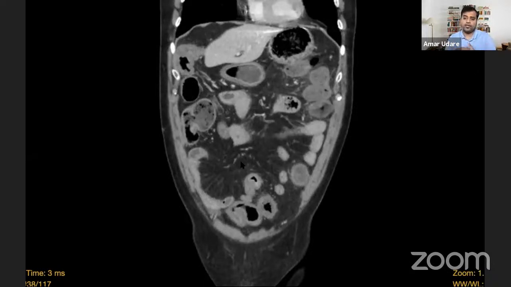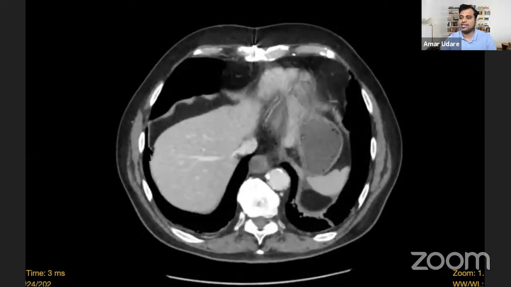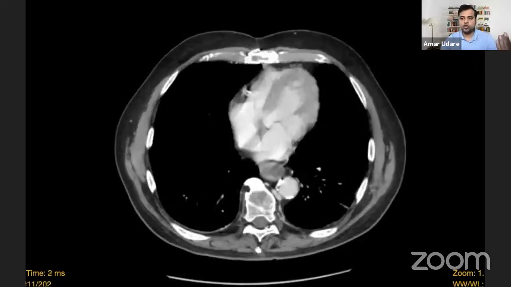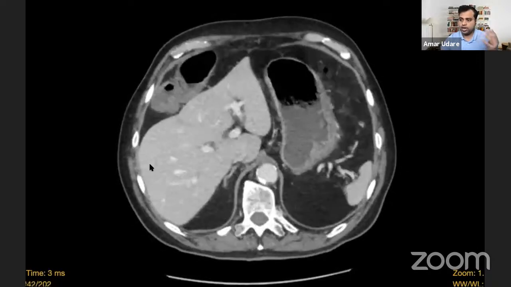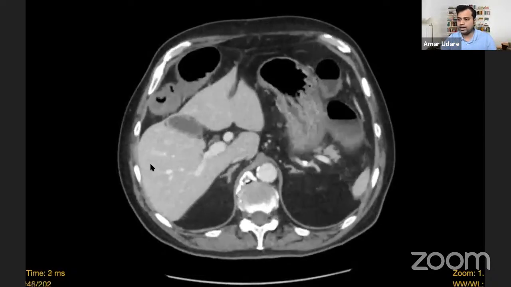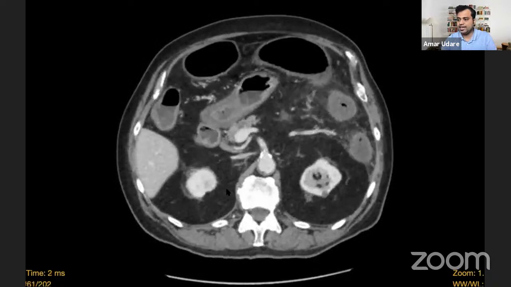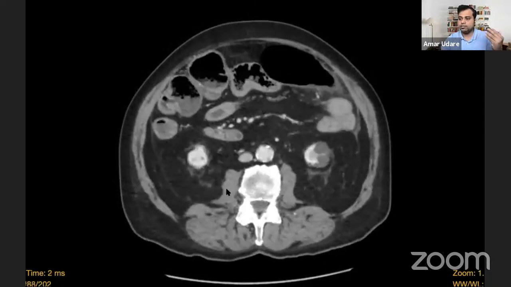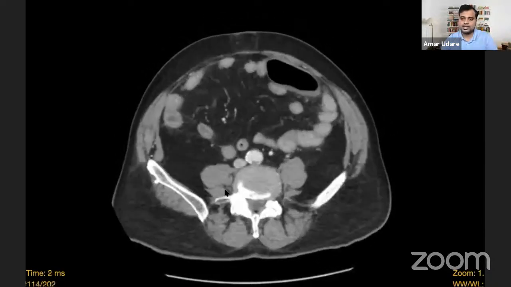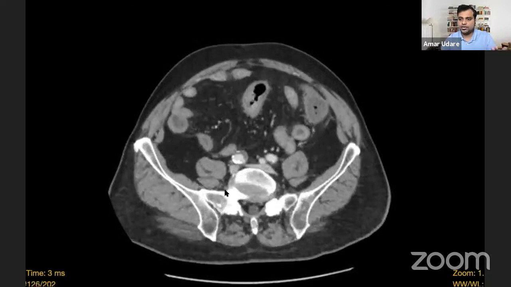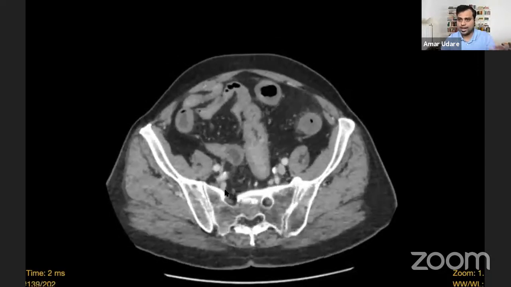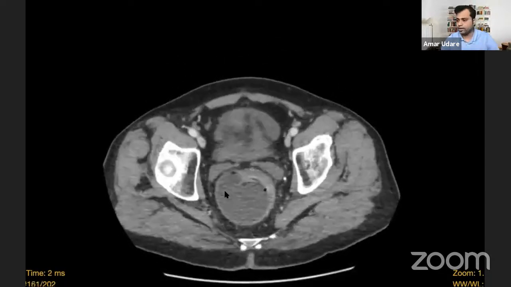You can have your own system, but typically the easiest way is going from top to bottom. Look at the lung bases, then the liver, pancreas, gallbladder. Then maybe the adrenals, the kidneys, the bowel, then the pelvic organs. And finally the mesentery, peritoneum, bones, and the peripheral areas.